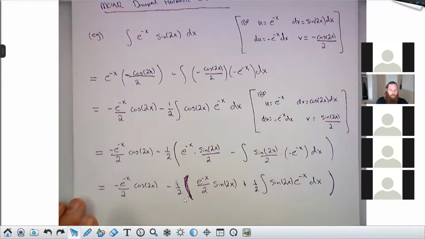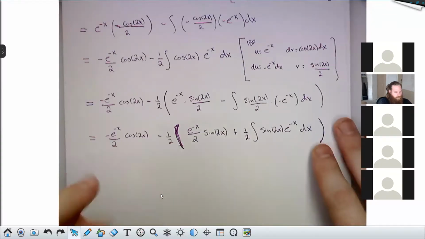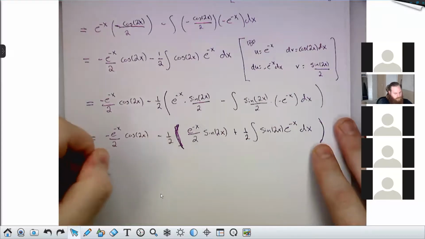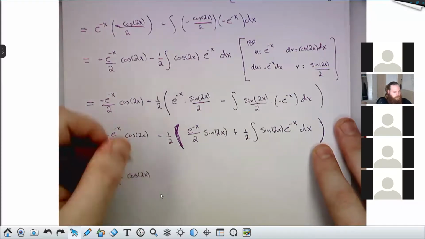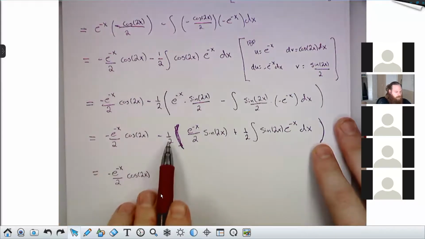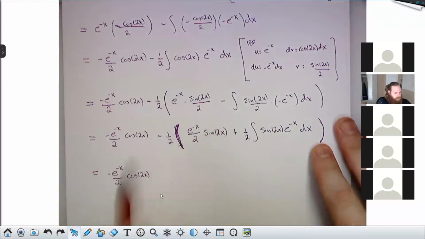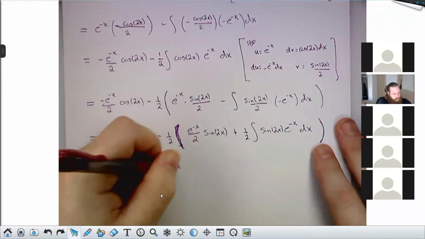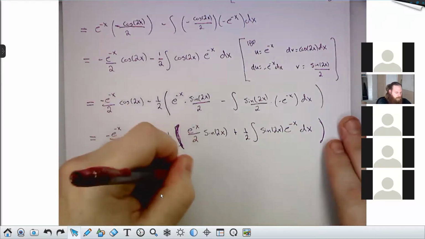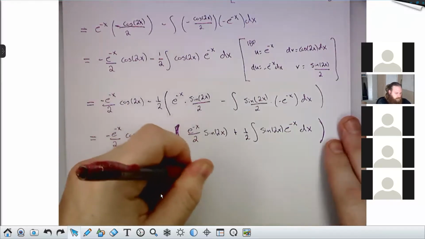Now I'm going to distribute this 1/2 over all these terms and this negative. So we'll get negative e to the negative x over 2 cos 2x. Negative 1/2 times this quantity is negative e to the negative x over 4 times the sine of 2x.